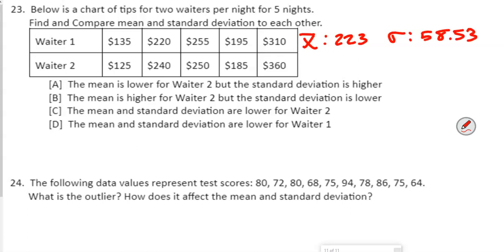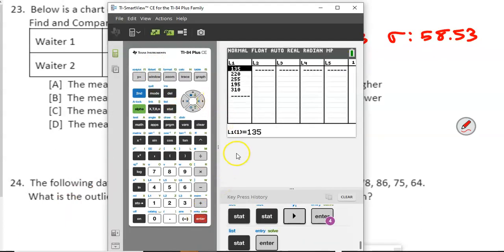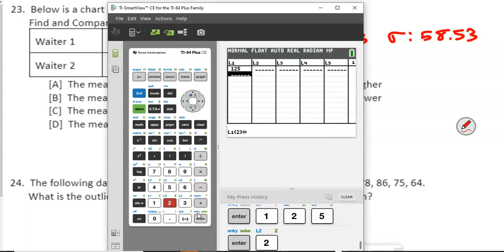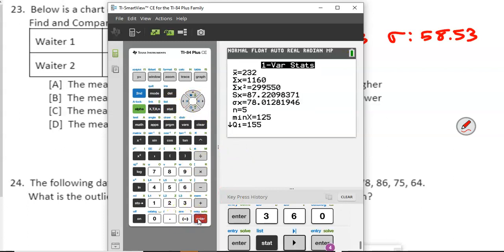Then we're going to go back, and we're going to do the same thing for the other set of numbers. So we're going to go to stat again, push enter, and we're going to actually go up to the top here, and I'm going to clear this out. So I'm just going to click clear, enter, and then I'm going to put my other data in there, 125, 240, 250, 185, and 360. Okay, and once again, I'm going to click stat, go over to calc, one variable stats, click enter, enter, enter, till they give them to me.